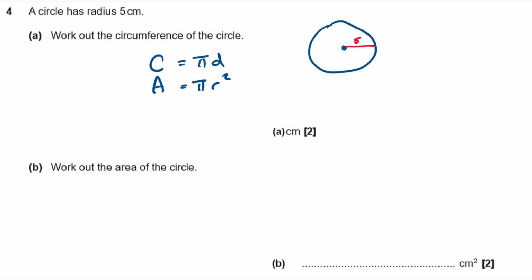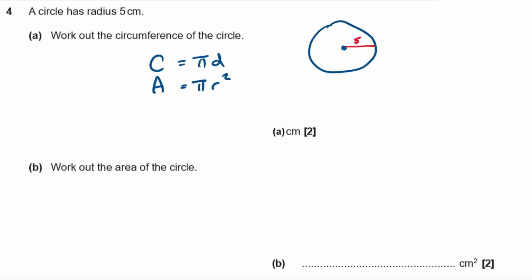Okay, then my two formulas for circles. Cherry pie delicious: circumference equals pi times diameter. Apple pies are 2: area equals pi times r squared. It's just a silly way of remembering it.